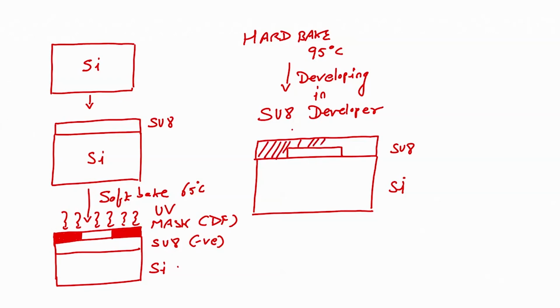PDMS. And you cure PDMS at 120 degrees centigrade for 15 minutes. After that, you peel off the PDMS.